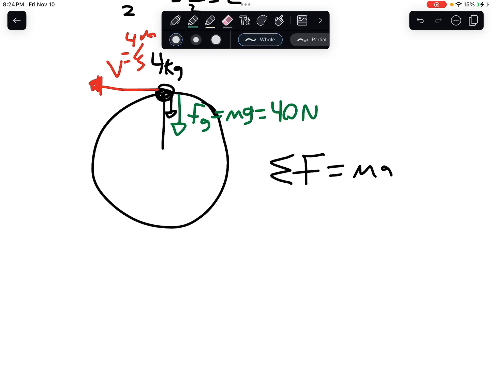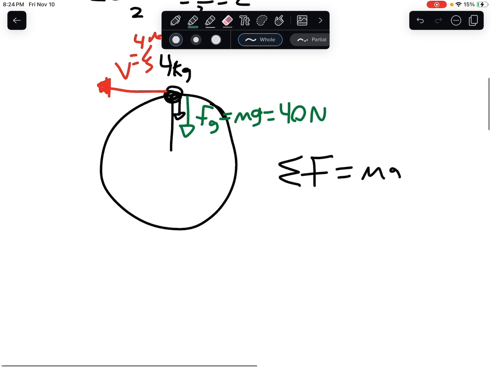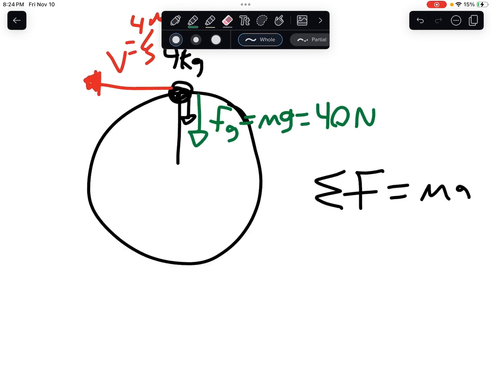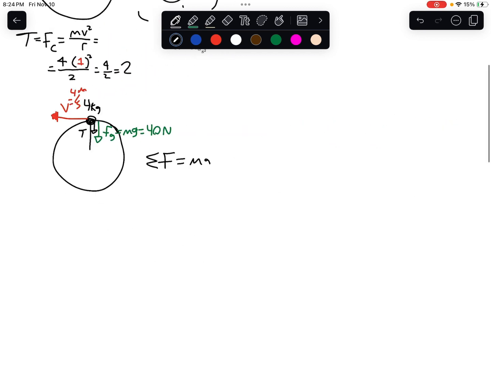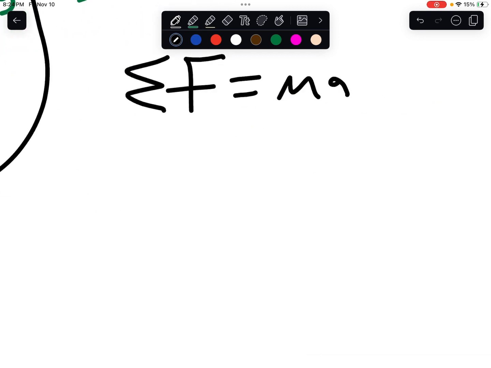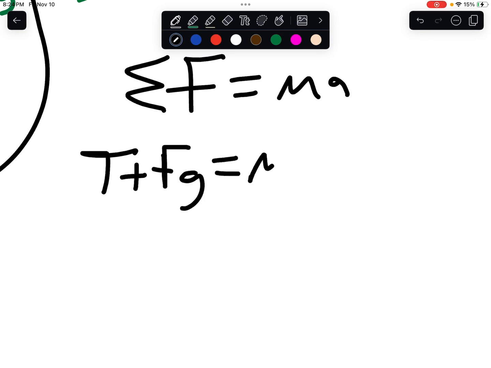In this case, our forces that we're going to be adding together are going to be the force of gravity, also known as the weight, and also the tension, right? Because the rope is pulling this thing in, and so is gravity. So, T plus F of G equals ma.